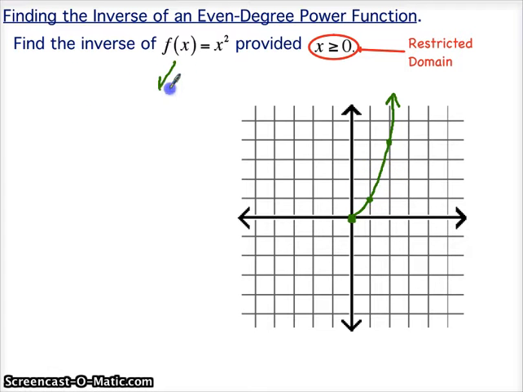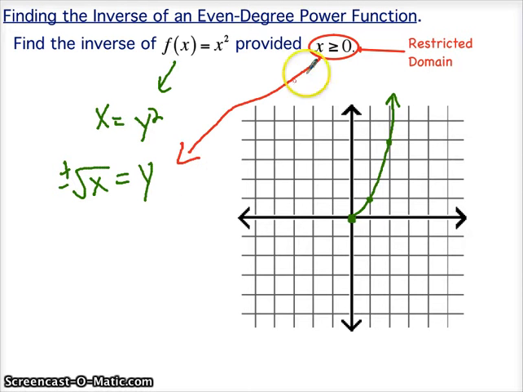So I could now go ahead and find that by saying, well, x equals y squared. y would be equal to plus or minus the square root of x. But because of my restricted domain, this now becomes my range. That's the new range. And my outputs can only be greater than 0.